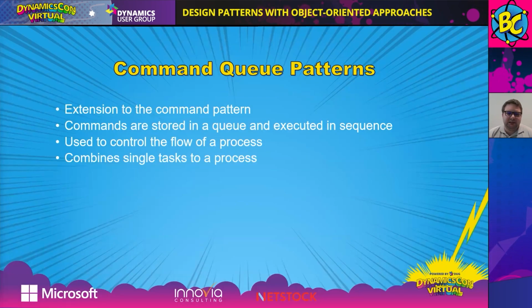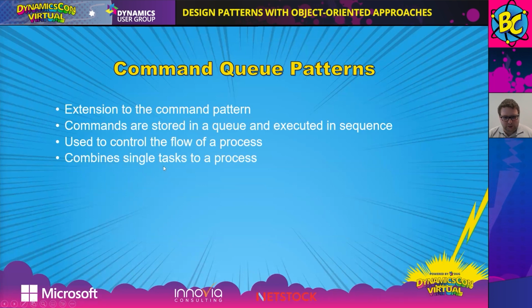Which brings me to the next pattern. When we go back to my presentation, it's the common queue pattern. It's a pattern where we can combine comments to a queue and execute it in order. It's used to control the flow of a process, and it can combine single tasks to a greater process.